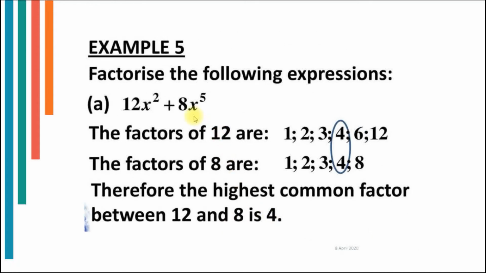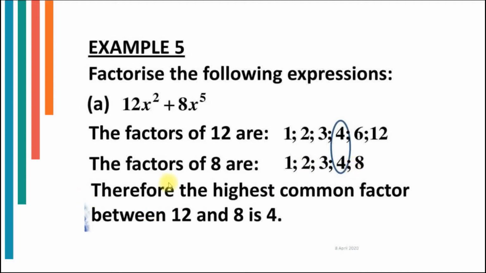Example 5. It says factorize the following expressions. We have a: 12x squared plus 8x to the 5. The factors of 12 are 1, 2, 3, 4, 6, 12. Guys, you did factors in like grade 5, I think. The factors of 8 are 1, 2, 4, 8.